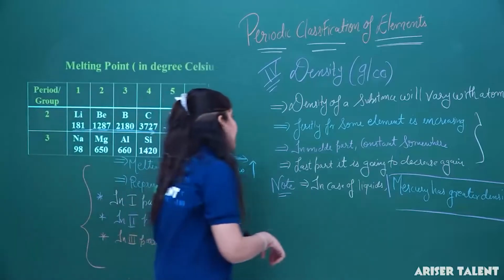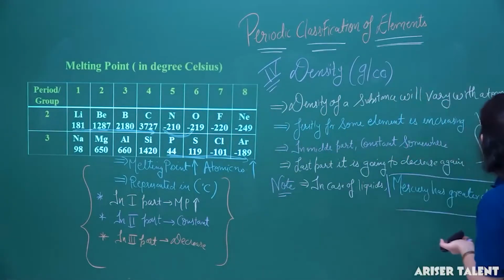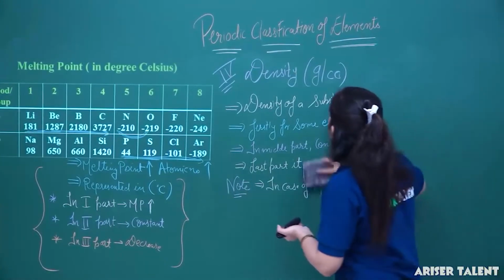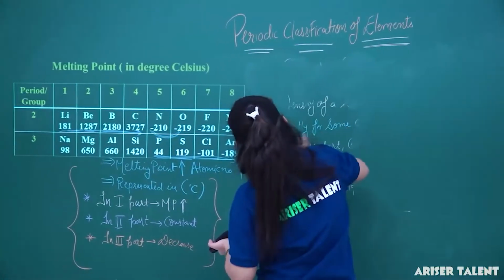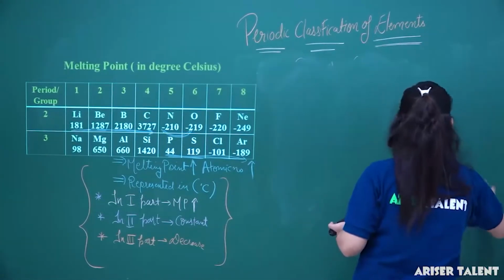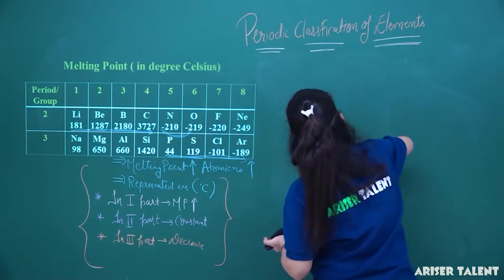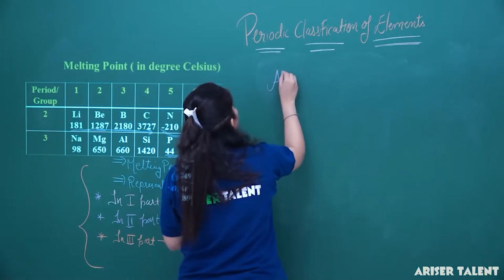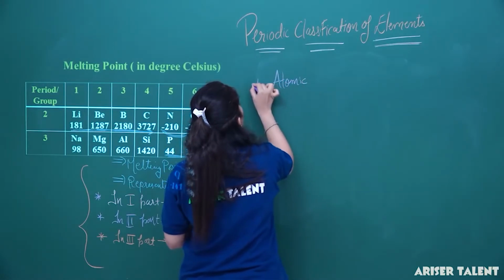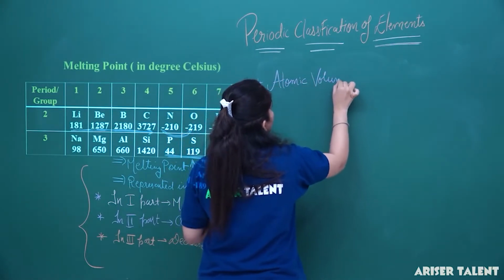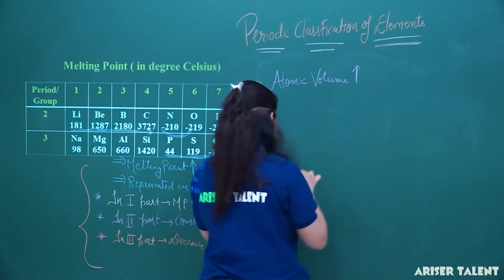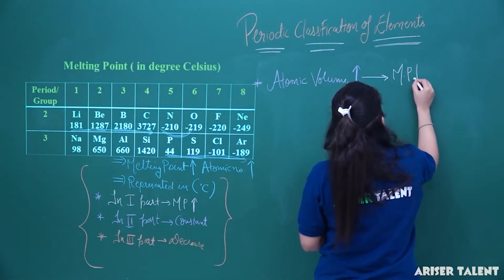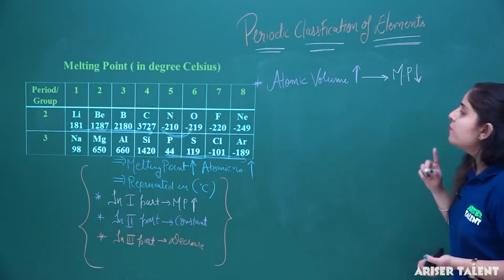Now, what more conclusion can we derive according to this melting point? If the atomic volume of a substance is large, the melting point will be low, and vice versa.